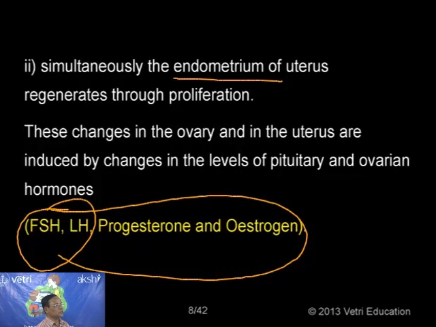So the first two are secreted by the anterior pituitary. The remaining two are called ovarian hormones because they are secreted by the ovary, the follicle cells or some other structures. For example, progesterone is secreted after the ovulation process by a structure called the corpus luteum. So anyway, four hormones play a major role during the menstrual cycle, two from the anterior pituitary and two from the ovaries. All these changes are because of these four hormones only.